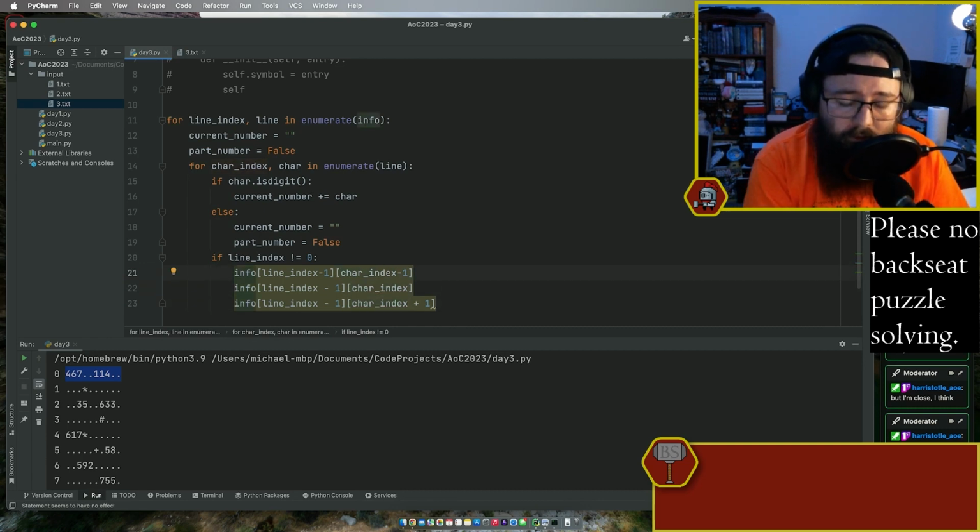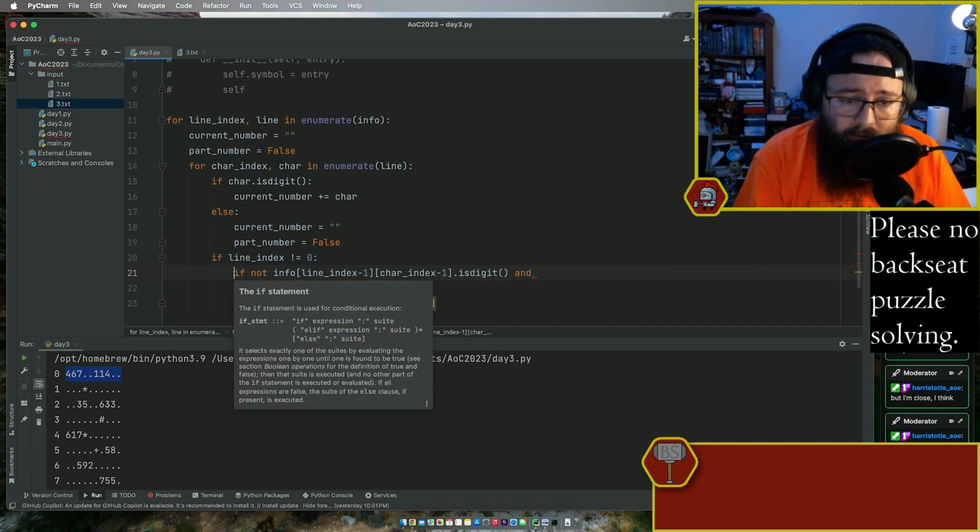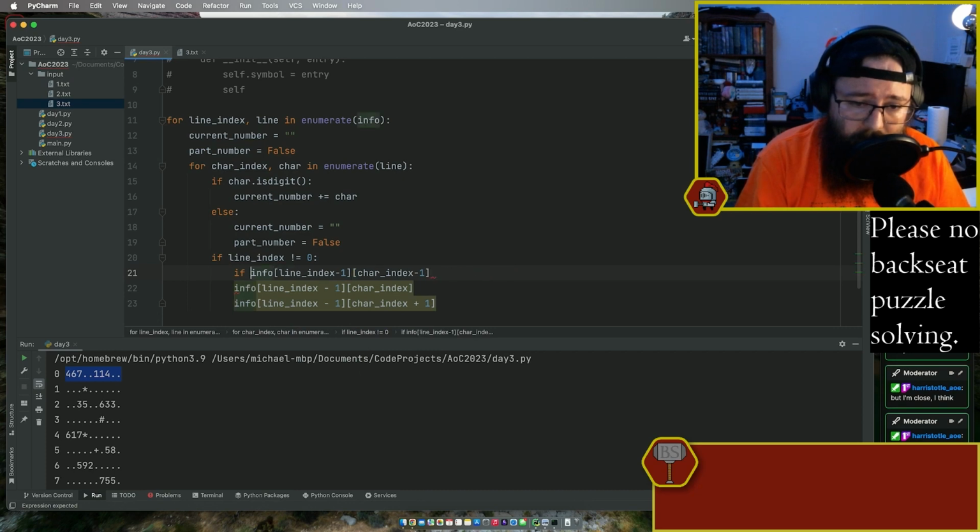So if this is, if not dot is digit, and, make it a little bit cleaner.